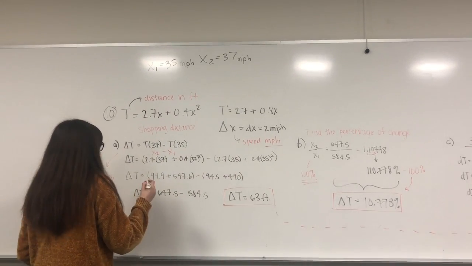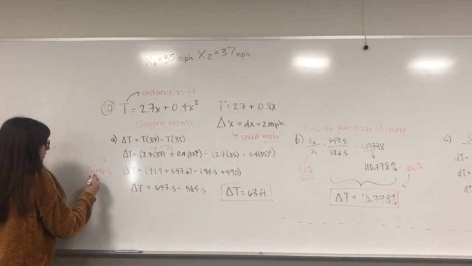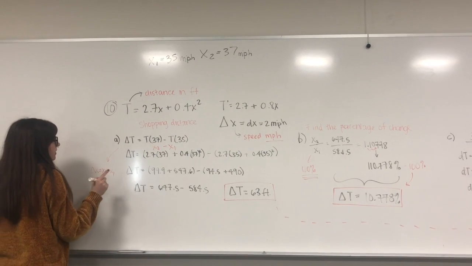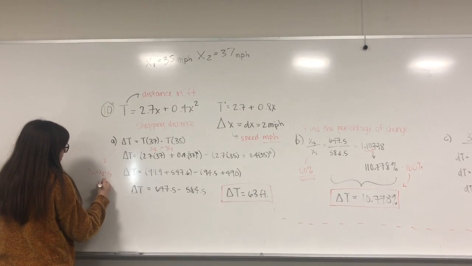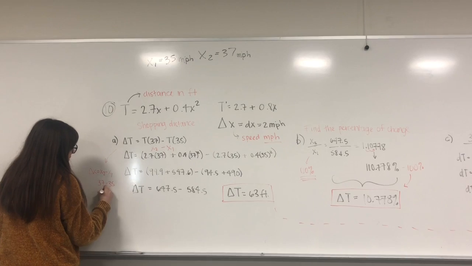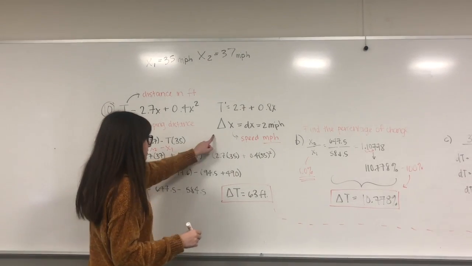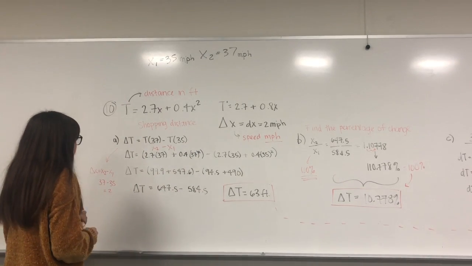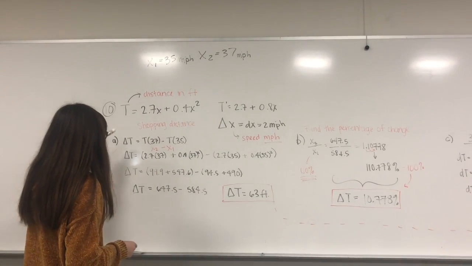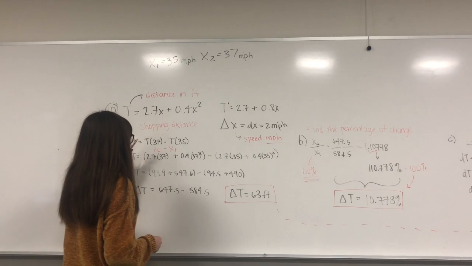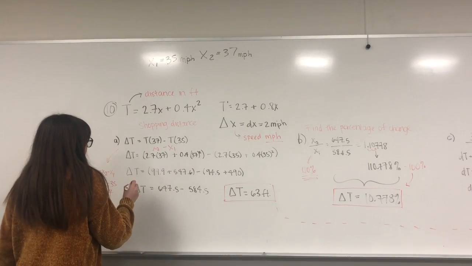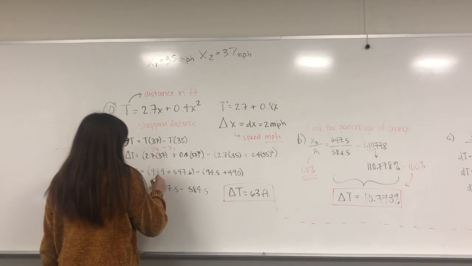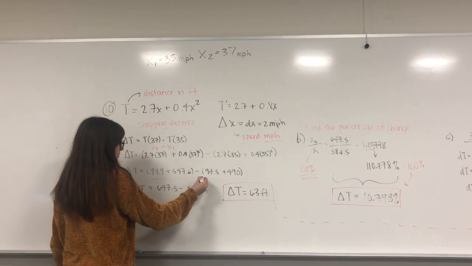We found this by subtracting x2 minus x1, which was 37 minus 35 equals 2. So we know that the rate of change of x is 2 miles per hour. Then we simply substituted x2 and x1 into the formula, and we found these were the answers.